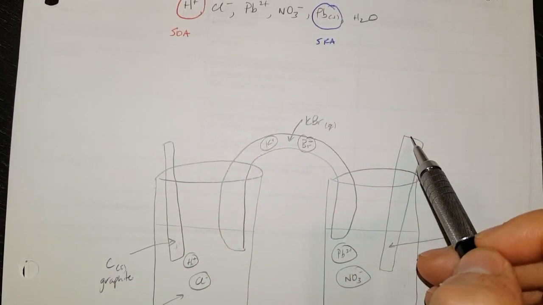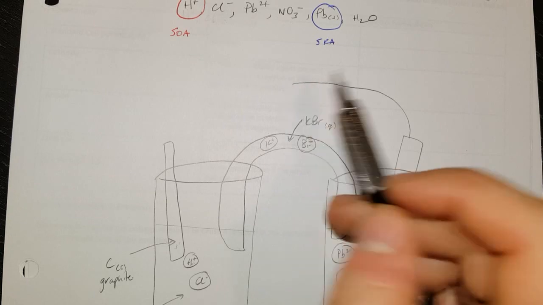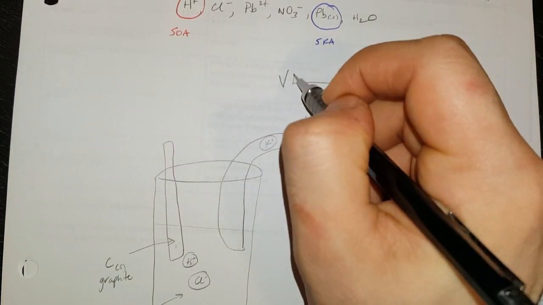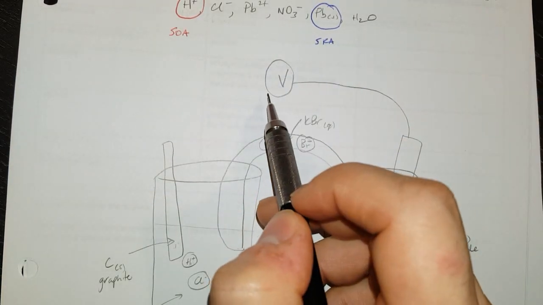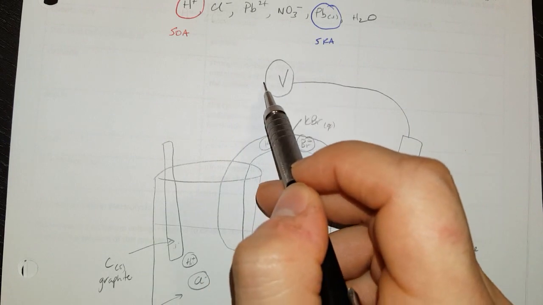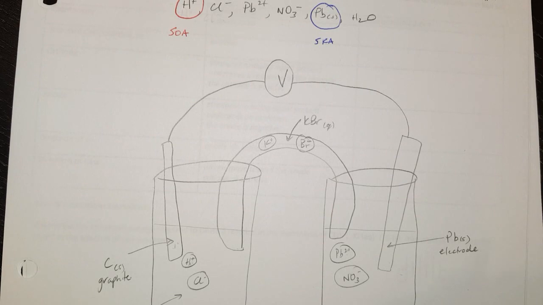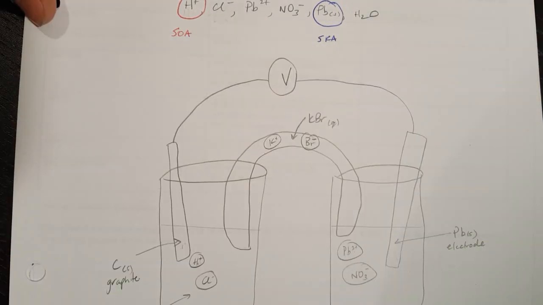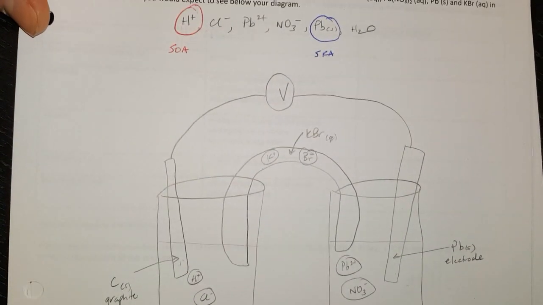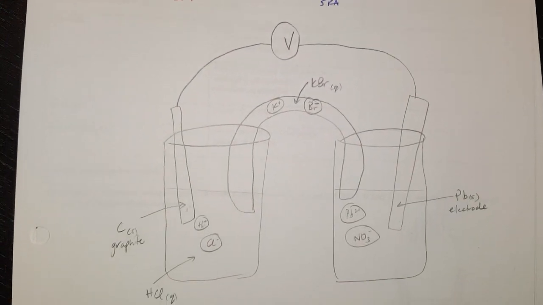Then we're going to have an electrical wire, and we'll put a voltmeter here. That's the symbol for a voltmeter, to measure the voltage difference between the two half cells.